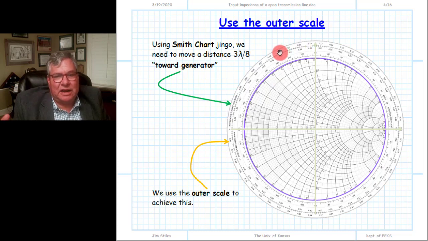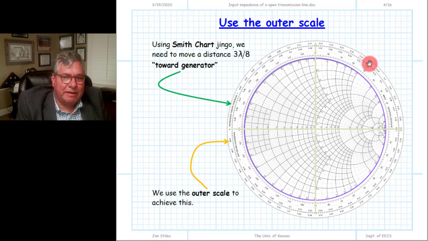And again, this is just an electrical index, a value in terms of wavelength, and the benefit of using the wavelengths toward generator as opposed to wavelengths toward the load is that as we rotate in the clockwise direction, which we know we're going to be doing, this index increases in value, and so we sort of avoid having to deal with minus signs.